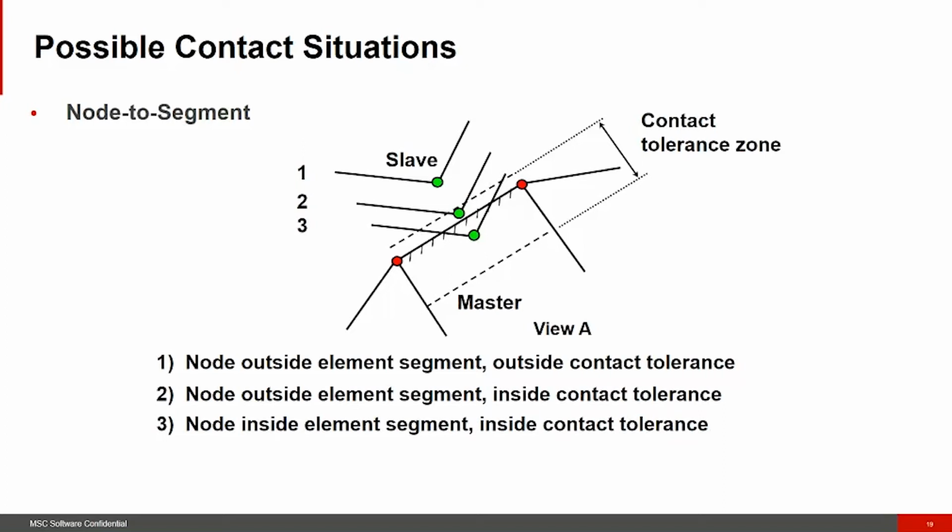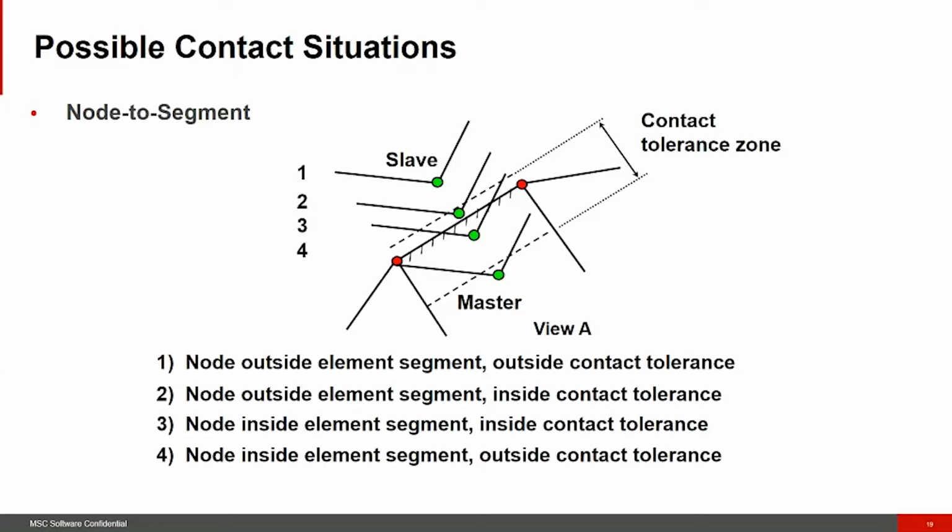So in scenario 3, contact will happen as well. But the one that you want to avoid is scenario 4, where the node is inside the element segment, and you'll have some penetration. So this is the one that you want to avoid.